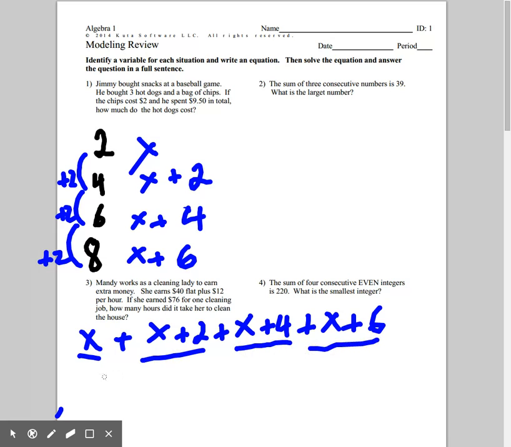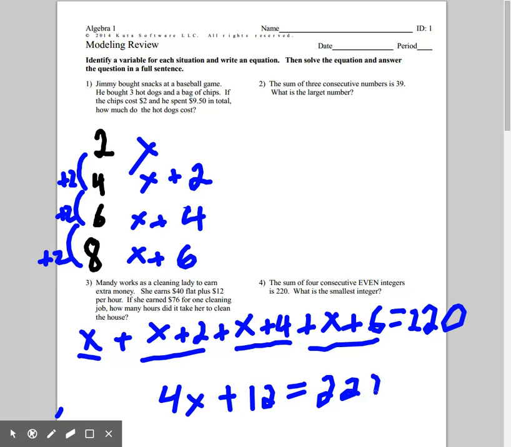All right, these are 4 numbers that we're adding up, and we're supposed to get 220. So let's see if this worked out. So I have 4 x's, and then I have 2 plus 4 plus 6, which is equal to 12. And that's equal to 220.